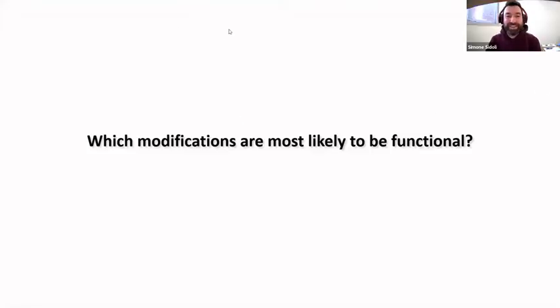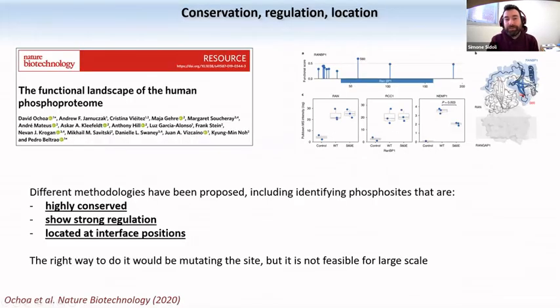Right, so we're talking about functional modifications. The answer, of course, is not easy, but people have been looking into that. For example, there is a very interesting paper that came out not long ago, where the authors made a remarkable effort to group a list of regulated phosphorylations to find which ones are more likely to have an impact on the phenotype.